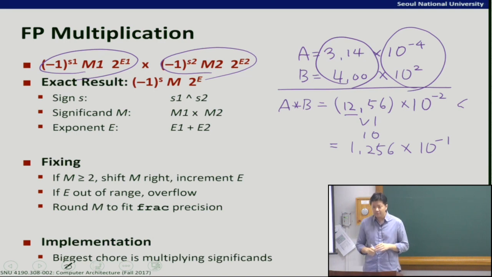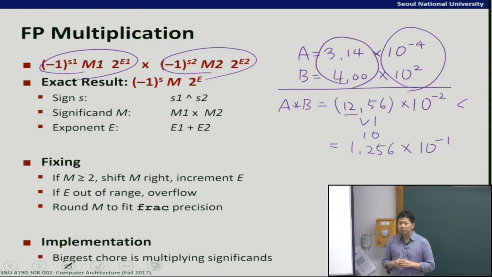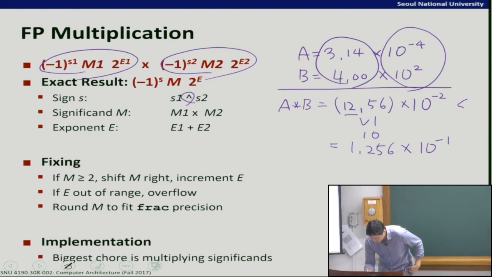The first sign field can be easily obtained by taking XOR of the two. That means if either of the two numbers is negative, then the result will also be negative, so that can be represented by this XOR.